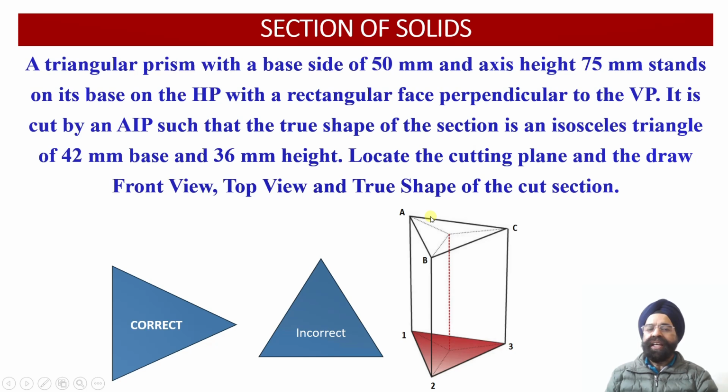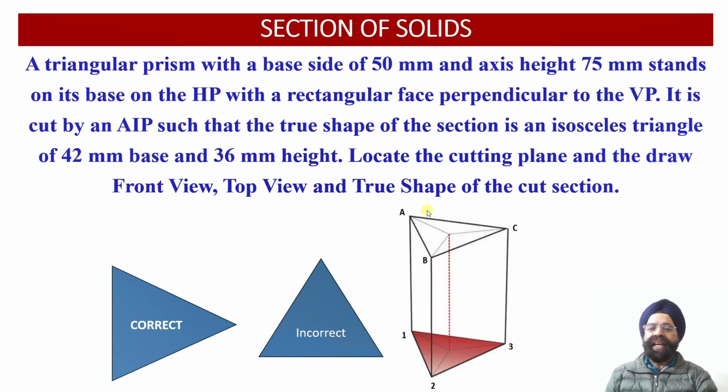In this case, we have not been provided with the angle of inclination of the auxiliary inclined plane with respect to the horizontal plane. Once we know that it is an auxiliary inclined plane, one thing is clear: this plane should be perpendicular to the vertical plane and inclined to the horizontal plane.